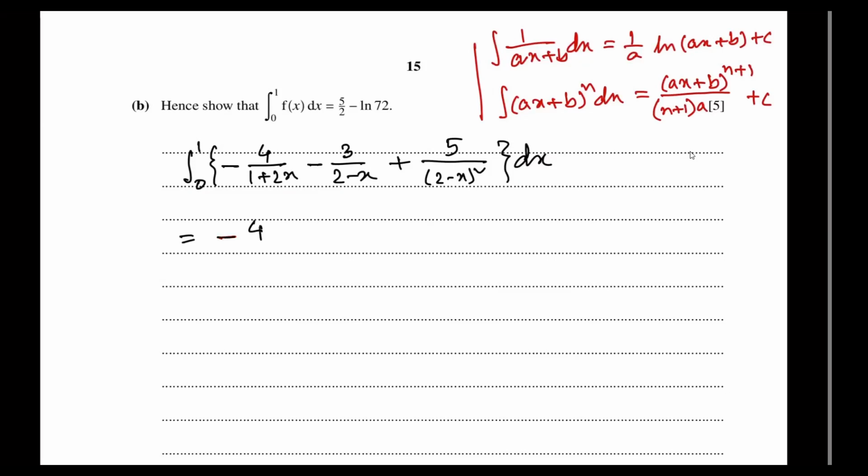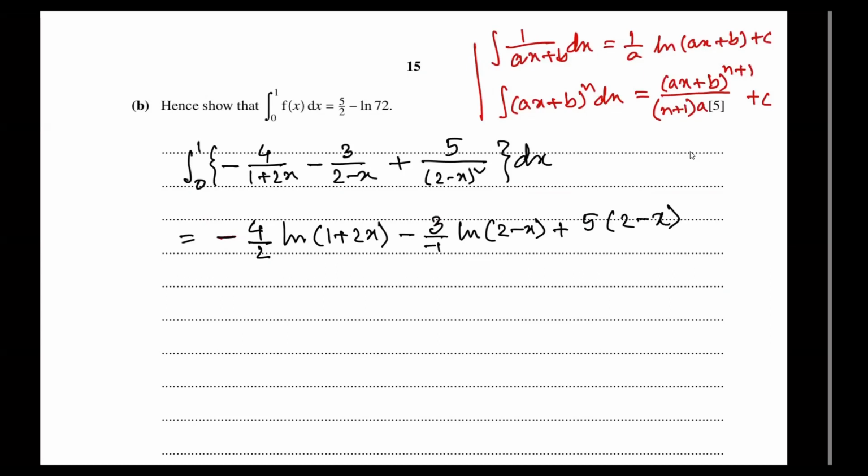So 4 divided by 2, the coefficient of x, ln 1 plus 2x, minus 3 divided by minus 1 ln 2 minus x, plus 5. This will be treated as 2 minus x whole to the power minus 2.